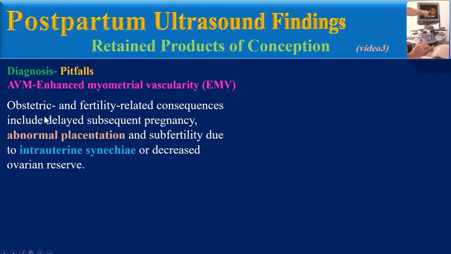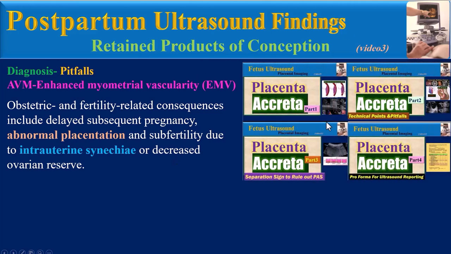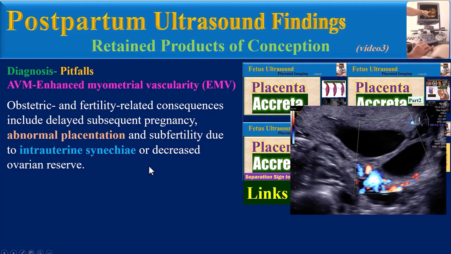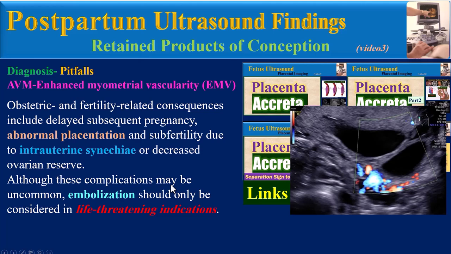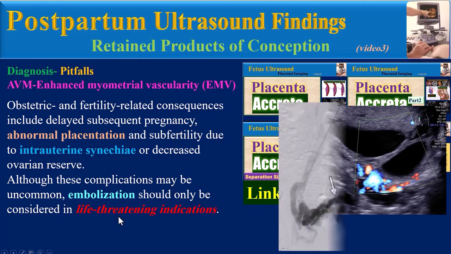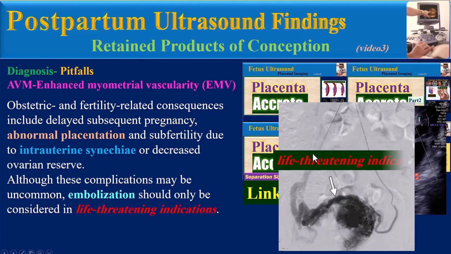Also, there are obstetric and fertility-related consequences following embolization, including delayed subsequent pregnancy and abnormal placentation. You can find a full explanation about placenta accreta spectrum in these videos, and subfertility due to intrauterine synechiae or decreased ovarian reserve. Although these complications may be uncommon, embolization should only be considered in life-threatening indications.